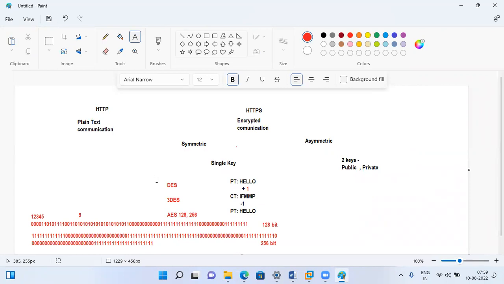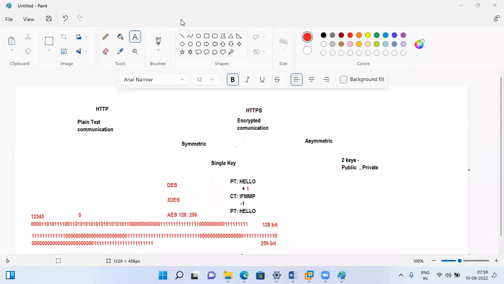First, second, or third? Third one is the stronger key.